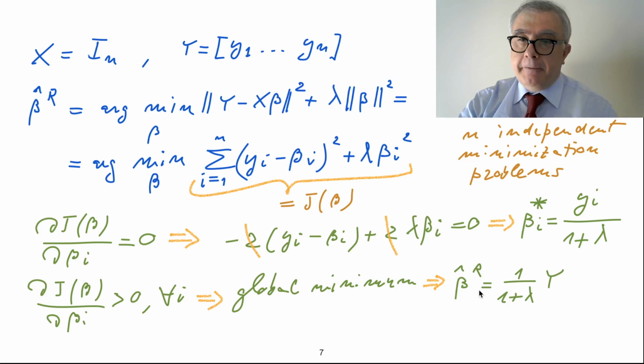And on the other hand, when you increase lambda, you are going to shrink the value of the parameters, and as lambda goes to infinity, everything is going to 0 in the end. So if lambda goes to infinity, then all the parameters will tend to 0.